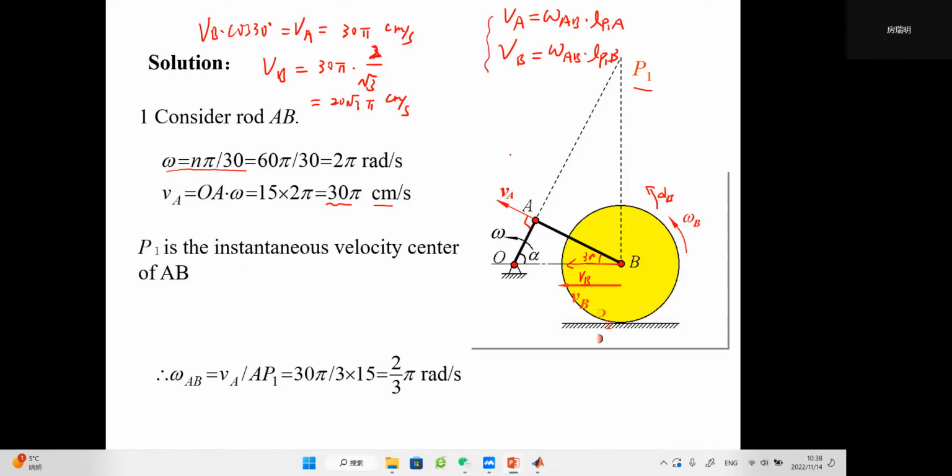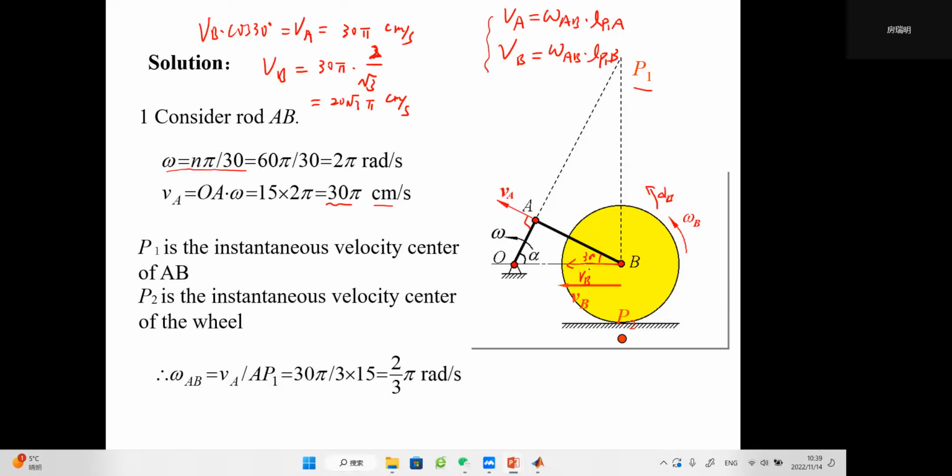So we will have this P1, and once again, P2 is the instantaneous velocity center of the wheel. You guys should know, we have talked about this. If a wheel is in pure rolling, which we call 纯滚动, on some fixed curve, maybe a plain ground, maybe a curved ground, the contact point will always be the instantaneous velocity center of the wheel.